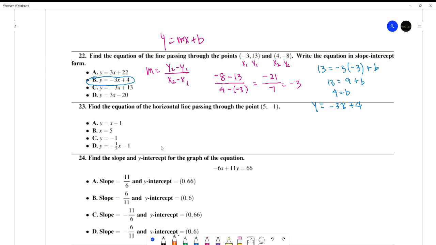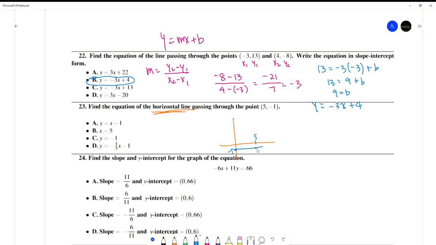Number 23. Find the horizontal line. So what does the horizontal line mean? It means it's a line passing through (5, -1) like this. The horizontal line goes through (5, -1). So this is 5 and this right here is negative 1.